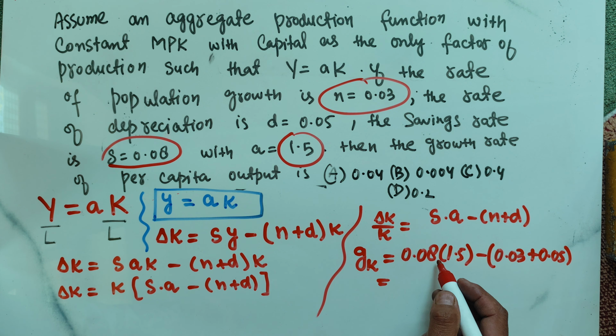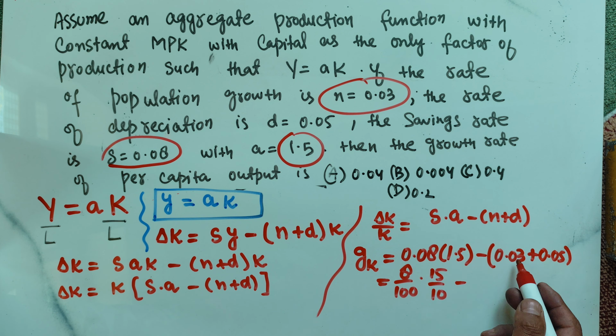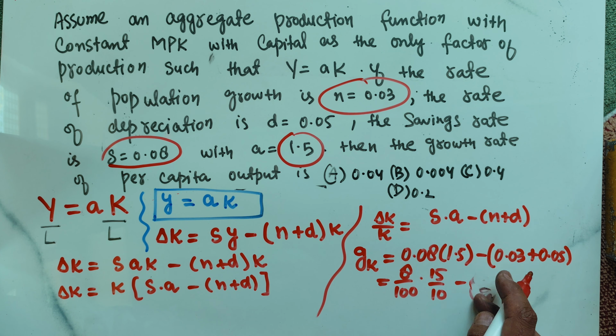So we will get here 0.08. Okay, so we have 8 upon 100 times 15 upon 10, minus 0.08, or 0.08 can be written as 8 upon 100.